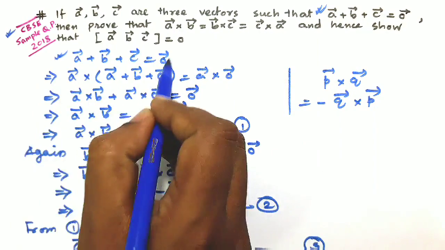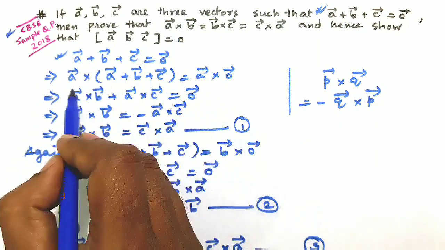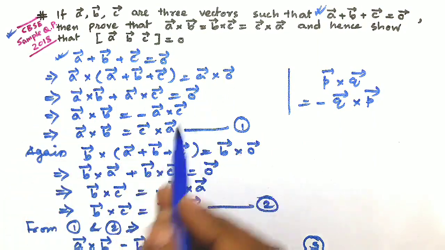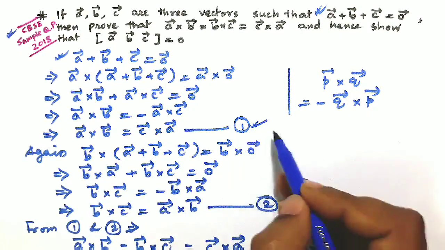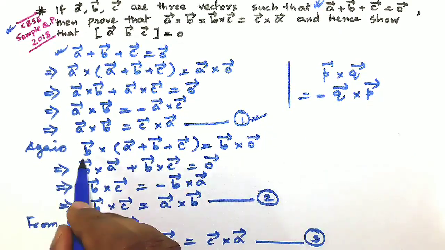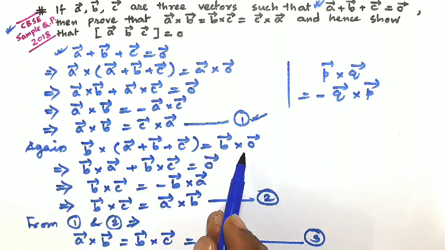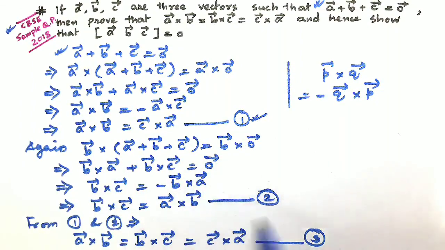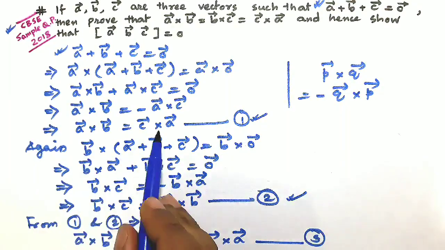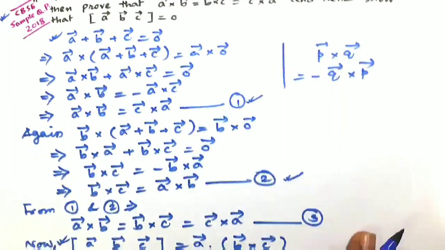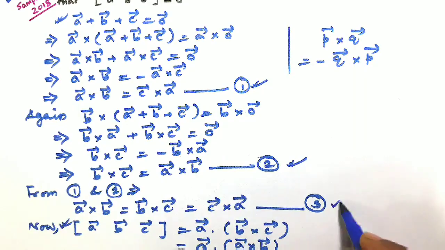So from this given condition we have cross multiplied A vector to both sides and got a result, and next time we have multiplied the given condition on both sides by B vector cross product and got the second condition, and combining these two conditions we got the first proof, A vector cross B vector is equal to B cross C vector is equal to C cross A vector.